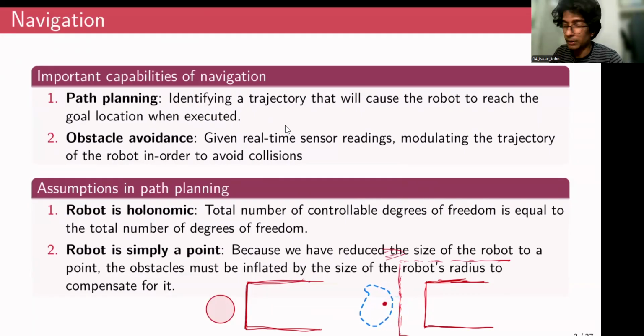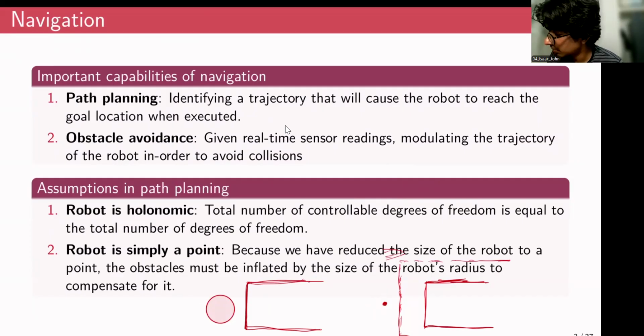Both are equivalent, but if you are considering the robot to be a point, it makes your calculations much easier, right? You can consider the collision to occur as soon as this point crosses this line. But in this case, it will be a bit ambiguous, right? You don't know which point crosses first.